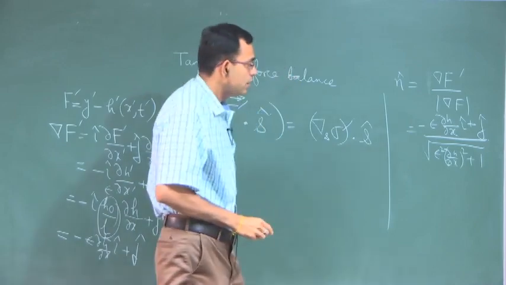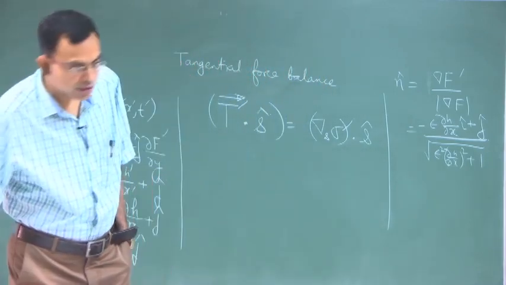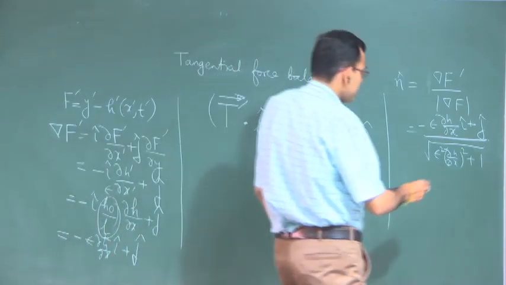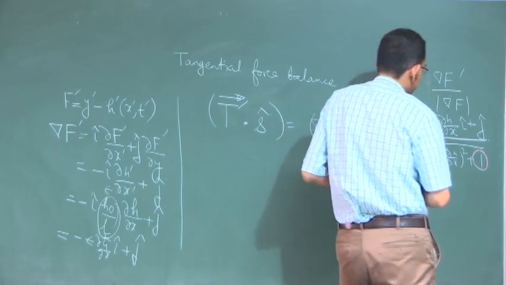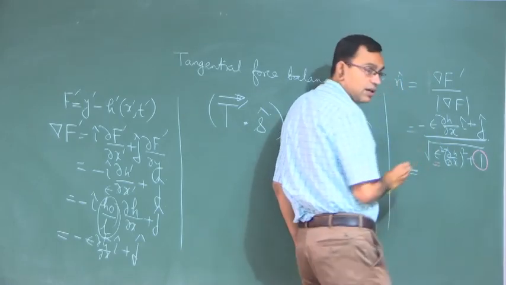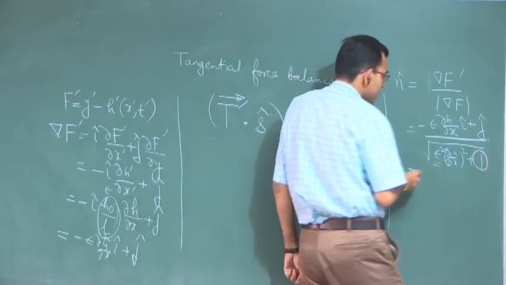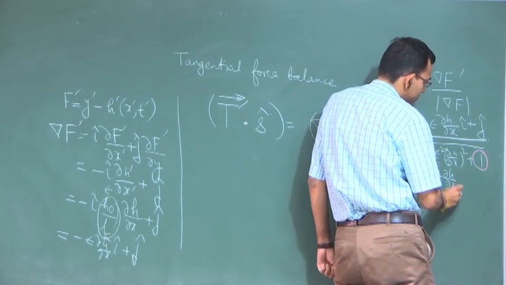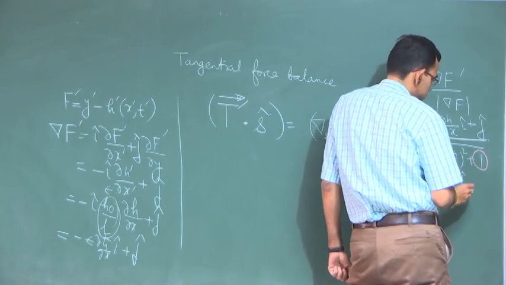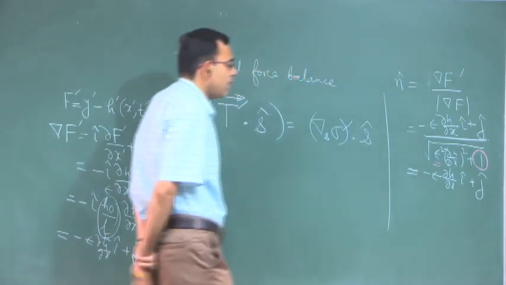Clearly the leading order term is 1, as compared to the other term. So, writing everything in the leading order, this is as good as minus epsilon del h del x i plus j. So, if this is n, what is s?